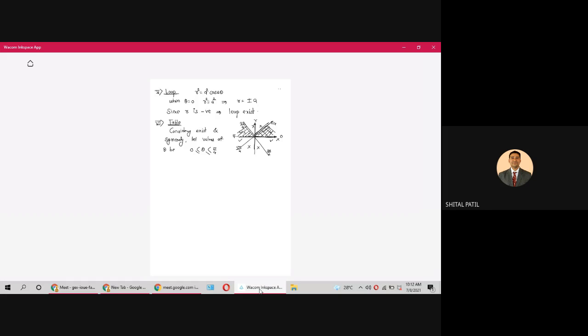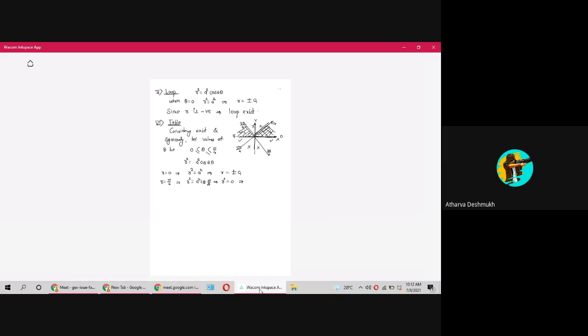Now I have r square equal to a square cos 2 theta. When theta equal to 0, what do I have? r square equal to a square, that is r equal to plus minus a. When theta equal to pi by 4, r square equal to a square cos of pi by 2, that is r square equal to 0.